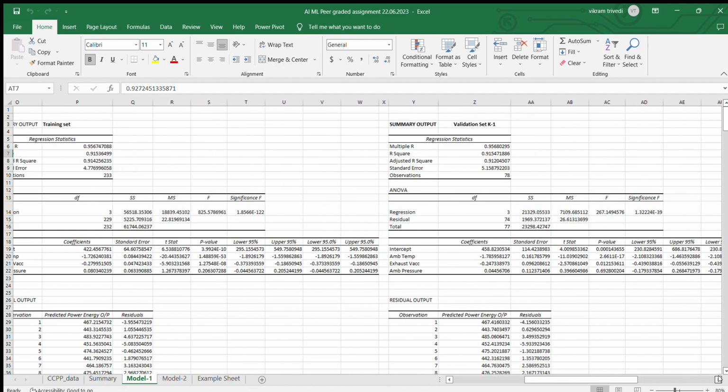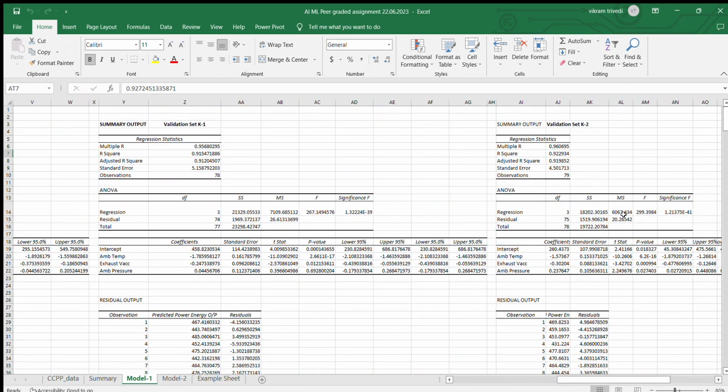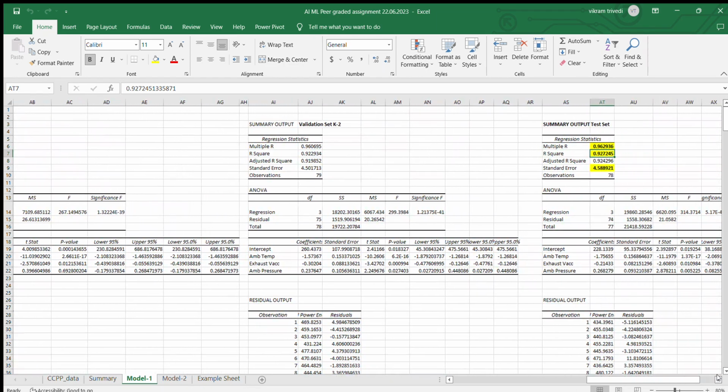Similarly for cross validation set 2, k2, more or less the same. Standard error has in fact gone down to 4.5. And in the test set, the evaluation set, when we tested the algorithm, we got an R square value of 0.92 and standard error of 4.5.